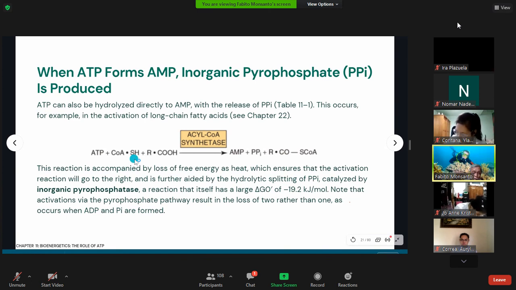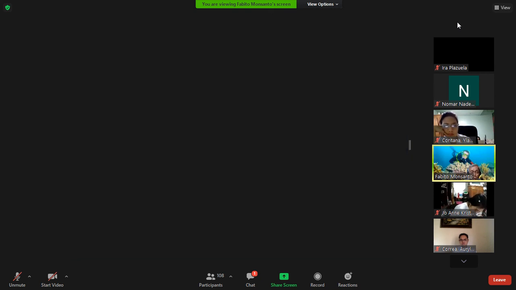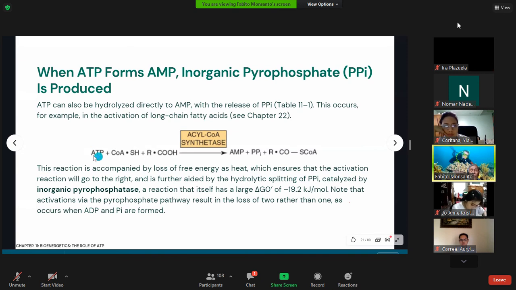This is a coenzyme known as coenzyme A. Activating this fatty acid, because fatty acids are usually inert, means adding a coenzyme A, but this requires energy coming from ATP.